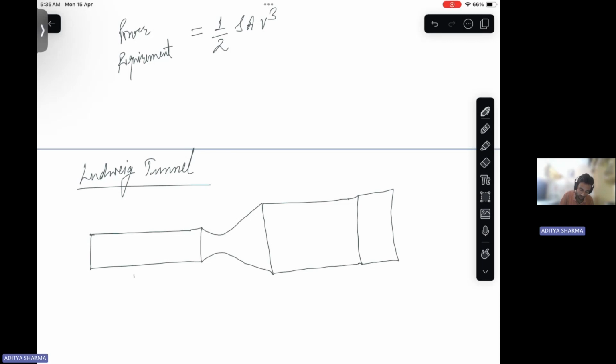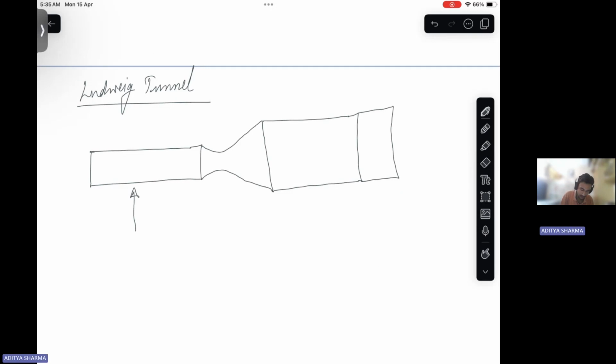So here we have a storage tank. Here we have a wall.